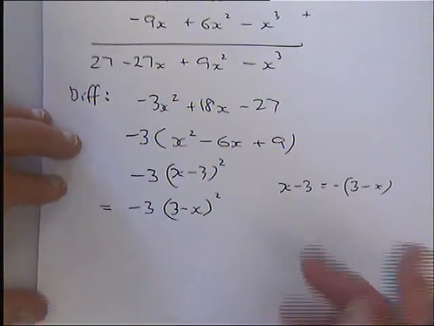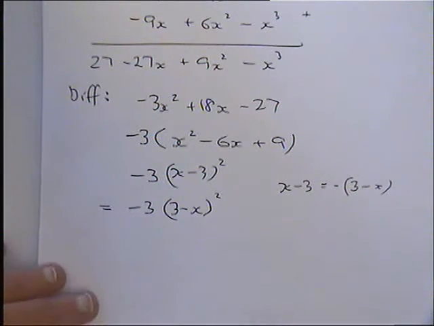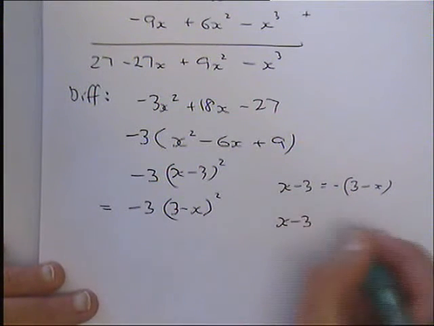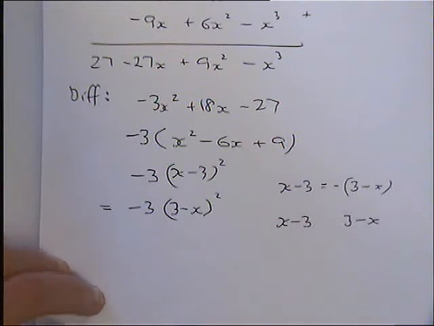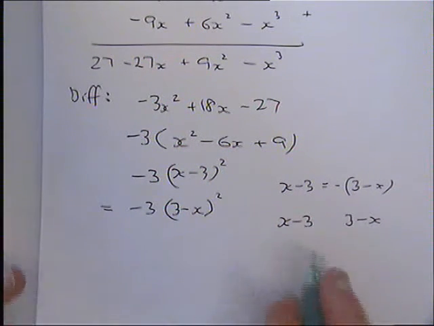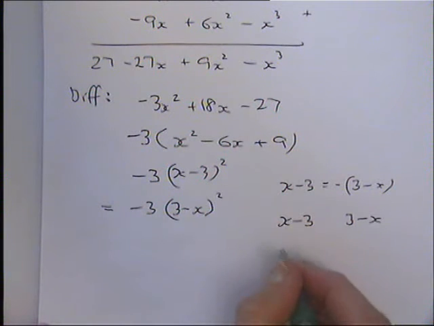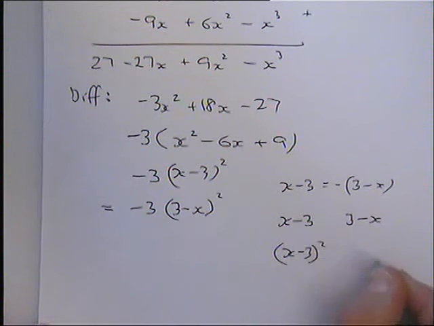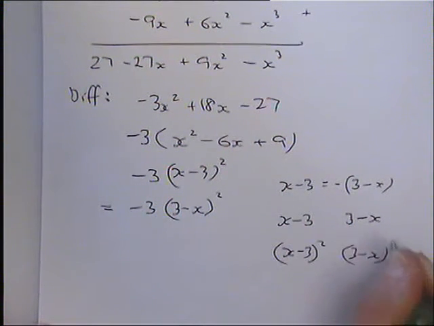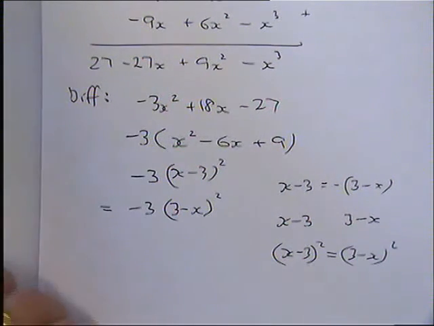And if things are the same but with different signs, one is like a plus version, one is like the minus version. What happens when you square them? Well, what happens if you square 7 and square minus 7? Same answer. So when I square those, they will be the same as each other again, even if one is plus and one is a minus.